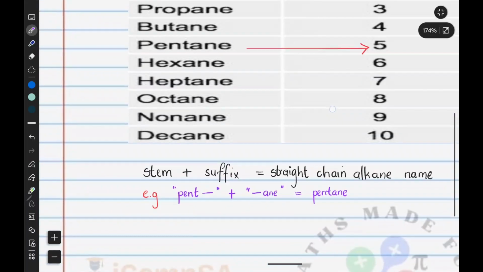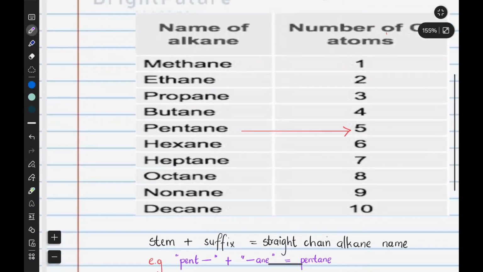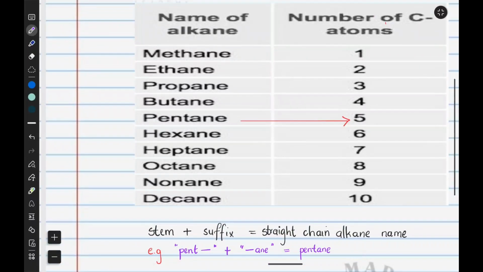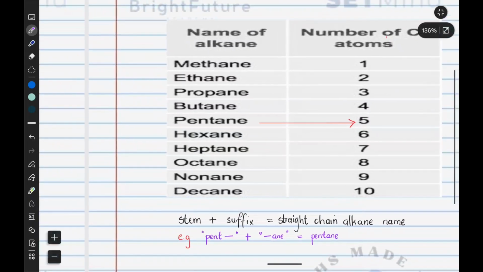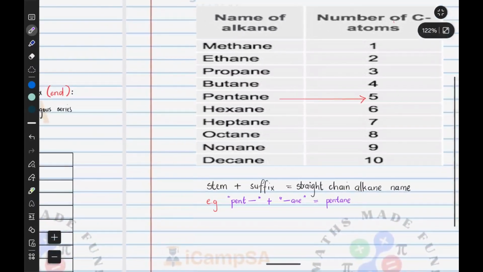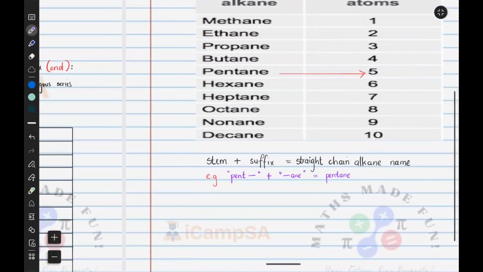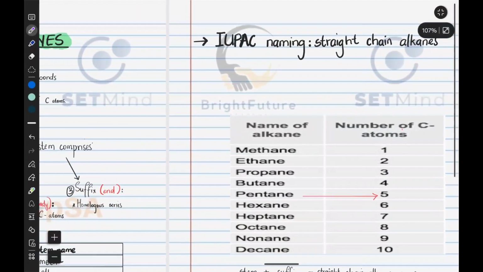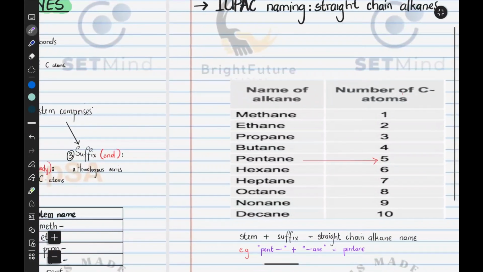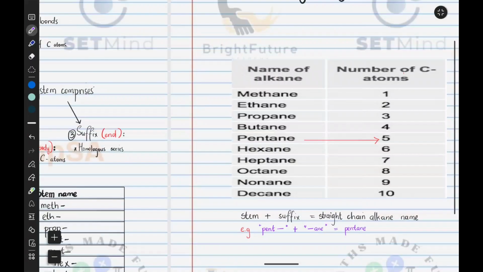We do this for all these straight chain alkanes. However, for methane, ethane, and propane, the first 3 will always be just simple alkanes. There's no other way of naming those ones, or also butane as well. So that's how we typically name the straight chain alkanes. First, we just count the number of carbon atoms in their chain.